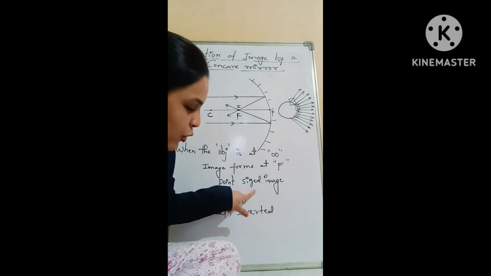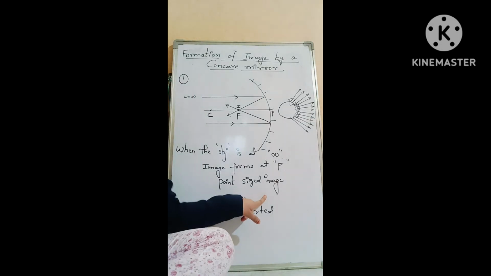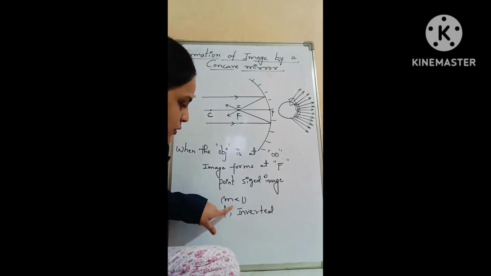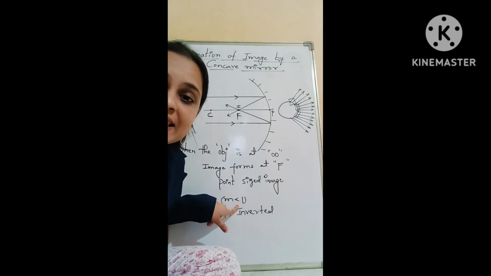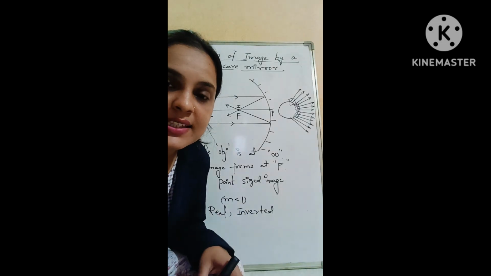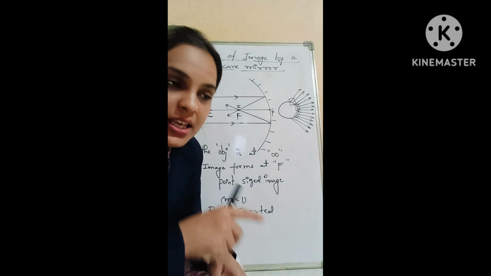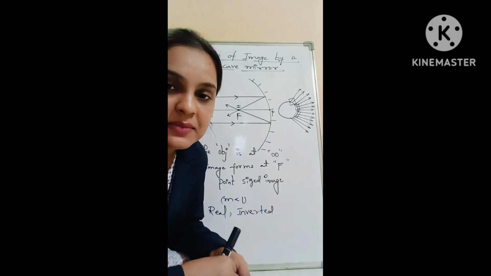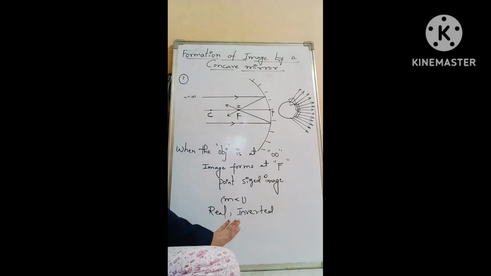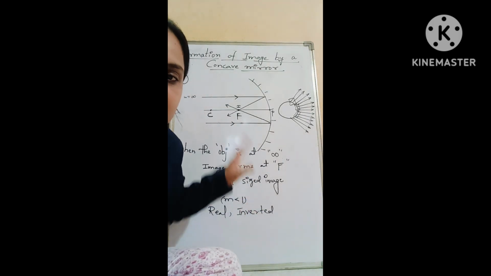We have written here point sized image, right? So point sized means diminished, so we will write m is less than 1. Less than 1 means smaller size, greater than 1 means enlarged, equal to 1 means same size. Okay, so these are the characteristics you have to write after drawing.